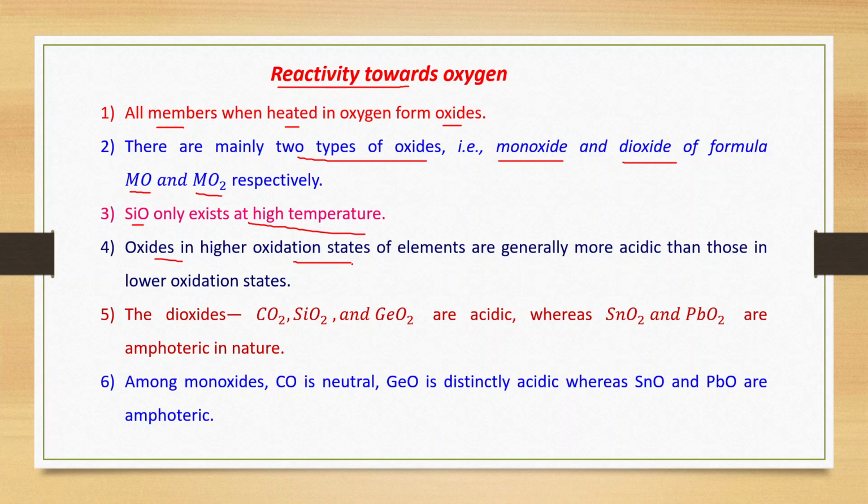Oxides in higher oxidation states of elements are generally more acidic than those in lower oxidation states. The dioxides CO2, SiO2 and GeO2 are acidic, whereas SnO2 and PbO2 are amphoteric in nature. Among monoxides, CO is neutral, GeO is distinctly acidic, whereas SnO and PbO are amphoteric.